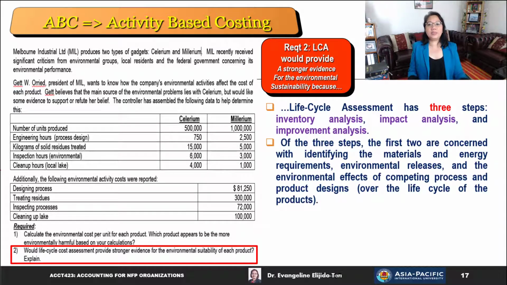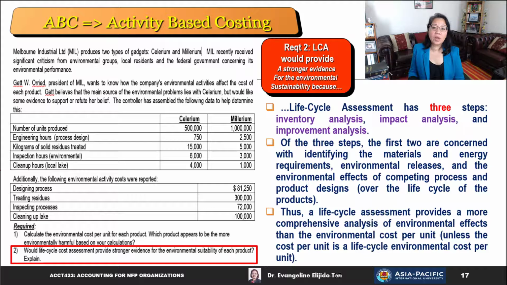So of the 3 steps, the first 2 are concerned with identifying the materials, energy requirements, environmental releases, and the environmental effects of competing process and product designs over the life cycle of the products. So it's not just in the production stage, but in the entire life cycle of the product. That's why it will provide a stronger evidence for the environmental sustainability of the products. All right.